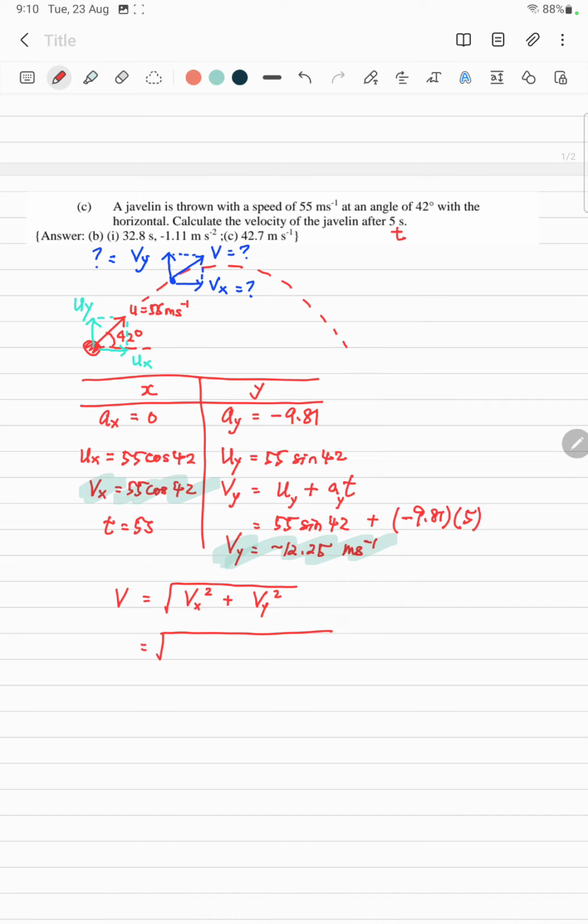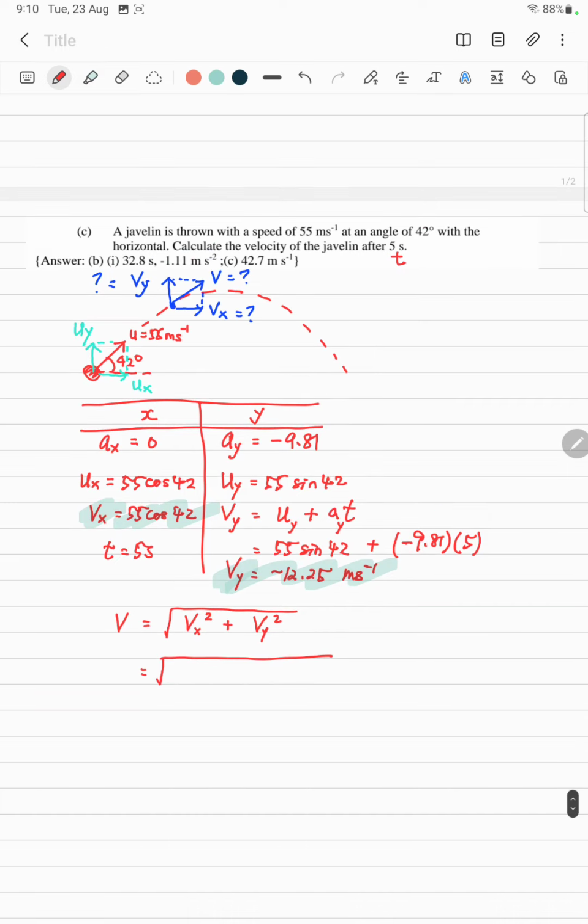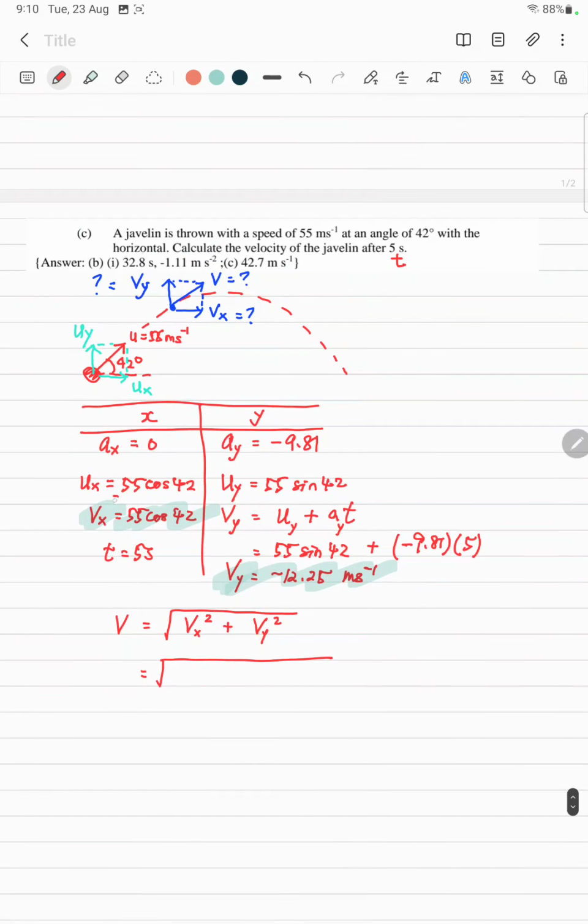Kalau ditekan calculator, component X ni the value is around 40.87. So we have 40.87 squared plus negative 12.25 squared. Okay, so you might pause the video to do the calculations. If you calculate correctly, you should get 42.7 meter second minus 1.